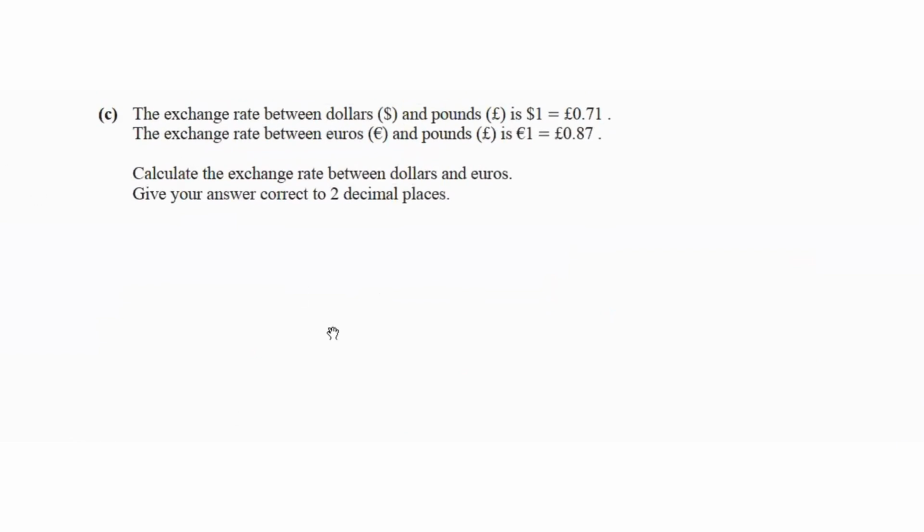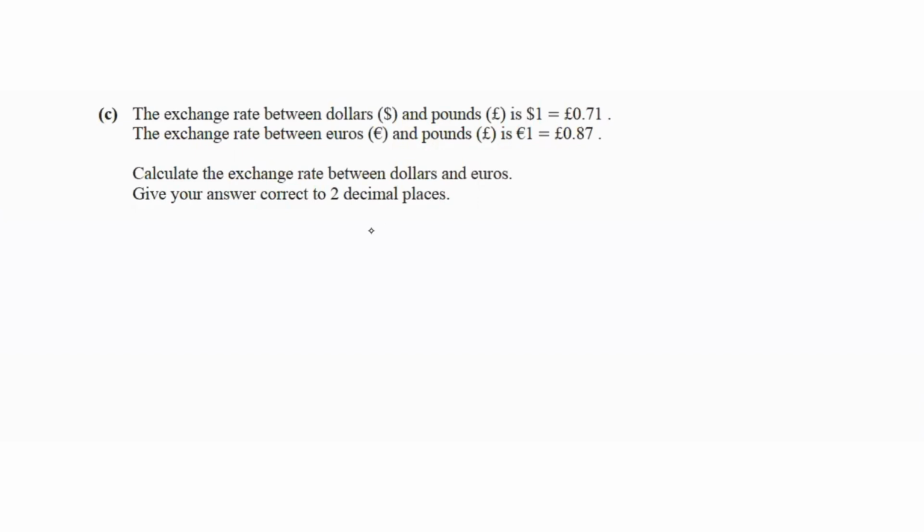The exchange rate between dollars and pounds is given as $1 equals 0.71 pounds. Then the exchange rate between euros and pounds is given as €1 equals 0.87 pounds. They're asking us to calculate the exchange rate between dollars and euros.